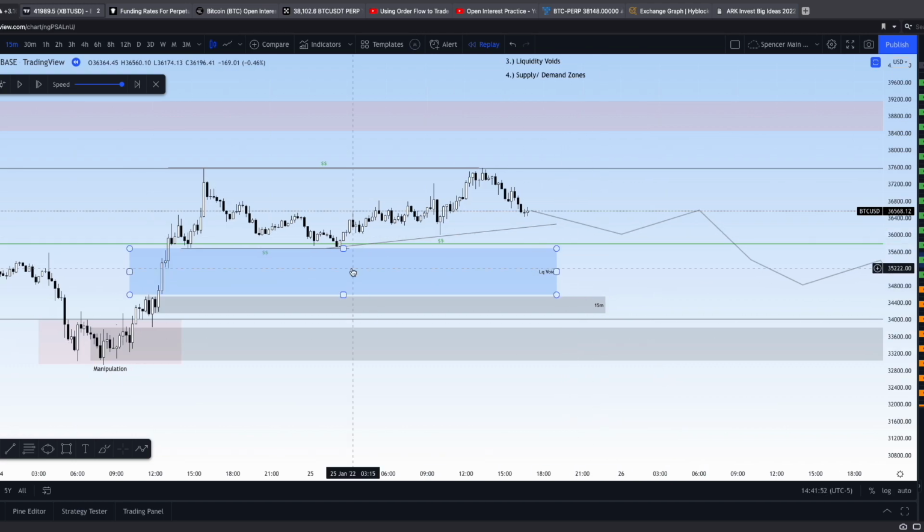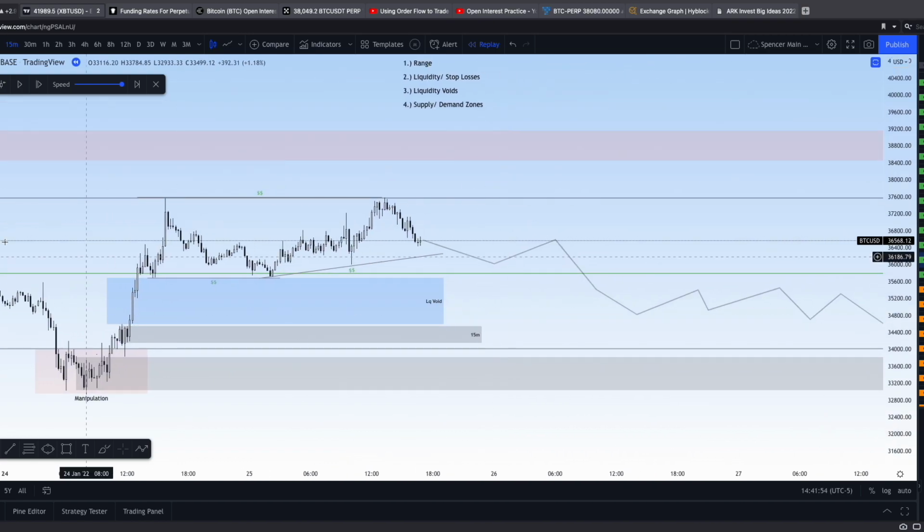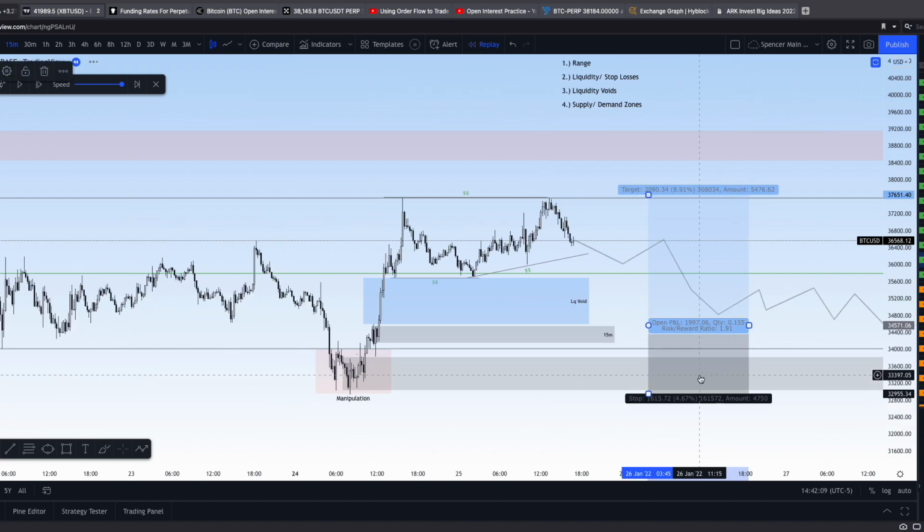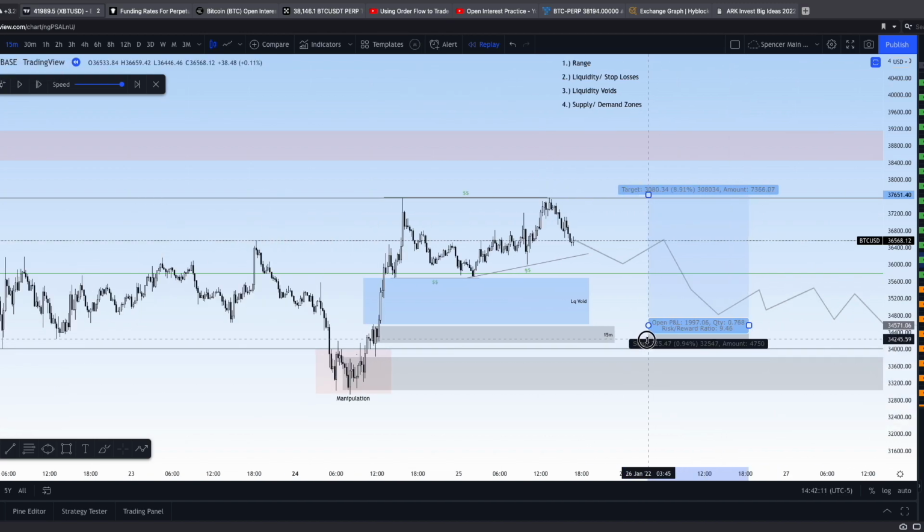So we can look to see possible entry points there, targeting our liquidity at the top, these equal highs right here, possibly either into the supply zone or just targeting the equal highs, and the lows of this 15-minute candle as your stop loss.